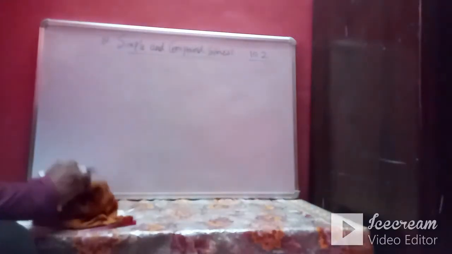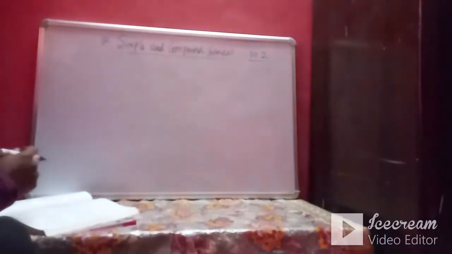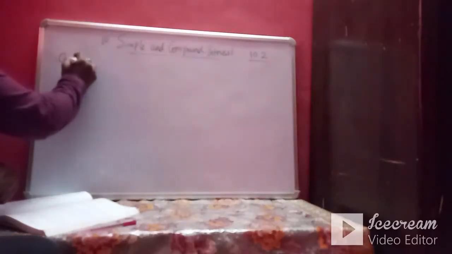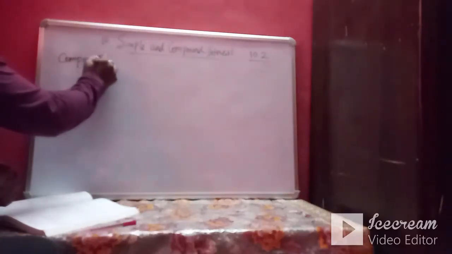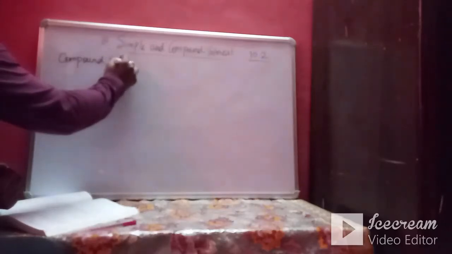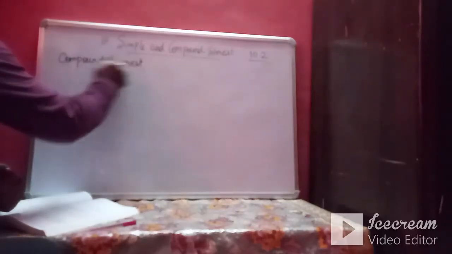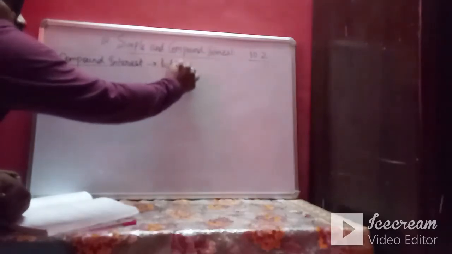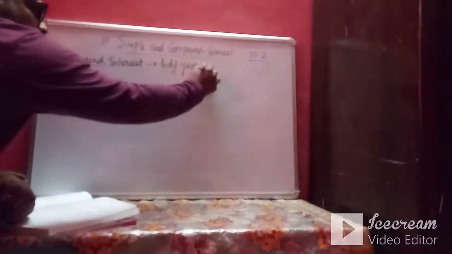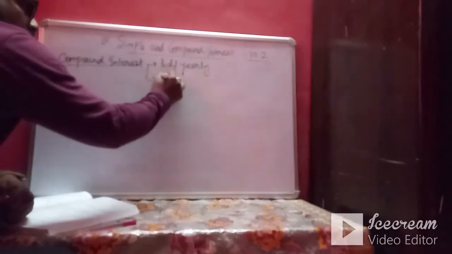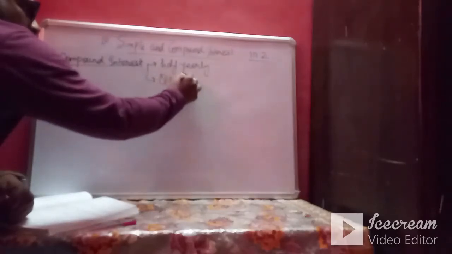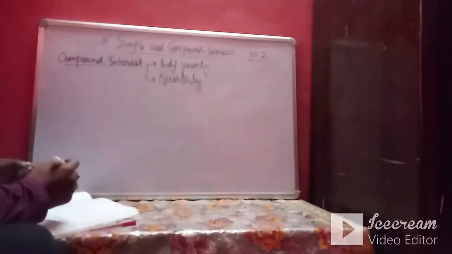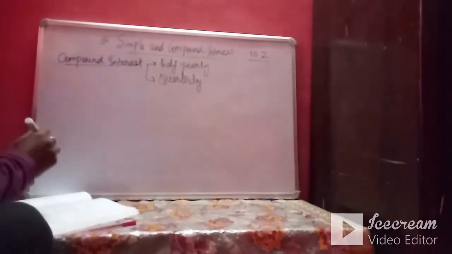Okay, next is that we will discuss now. We will discuss compound interest, half yearly and quarterly. Okay, so these two interests we will discuss now, half yearly and quarterly.